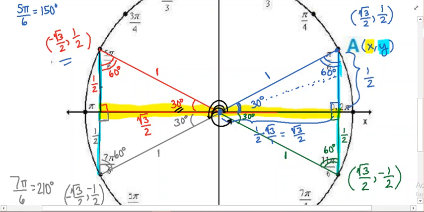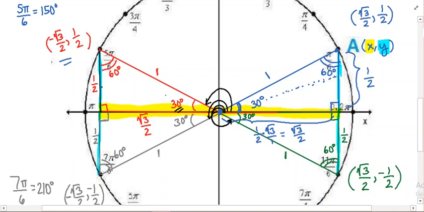We said that if we drew 150 degrees in standard position, we would start along the positive x-axis and we would rotate counterclockwise until we got to 150 degrees, and then we drew down to the x-axis. And we said to get to the x-axis, you had to go 30 more degrees.